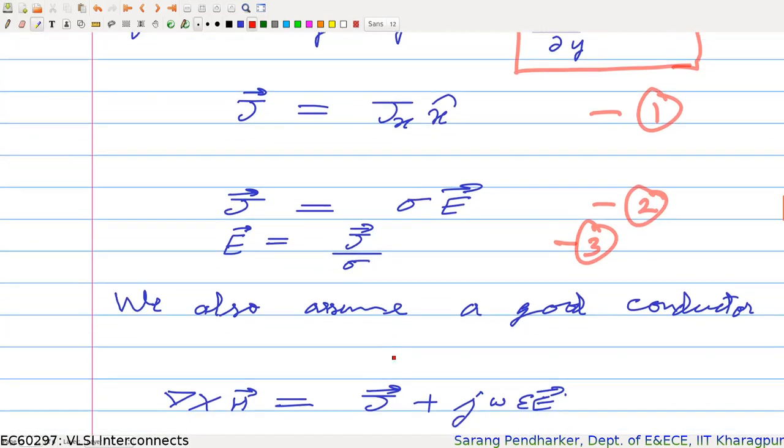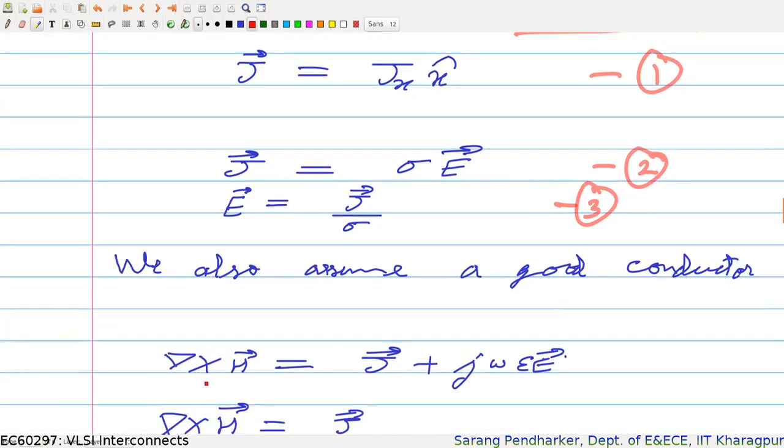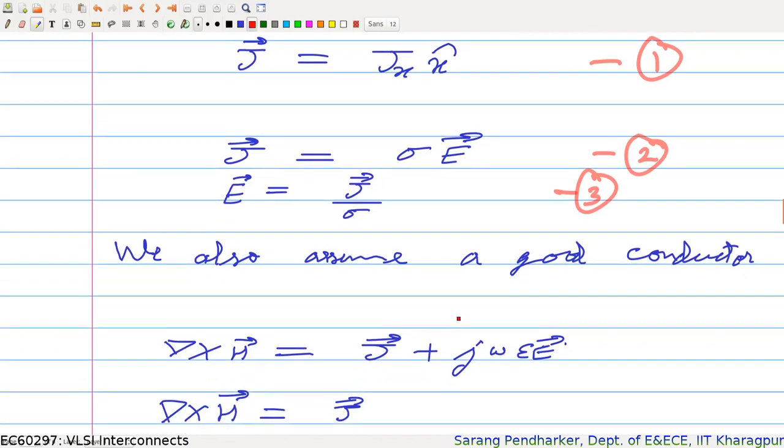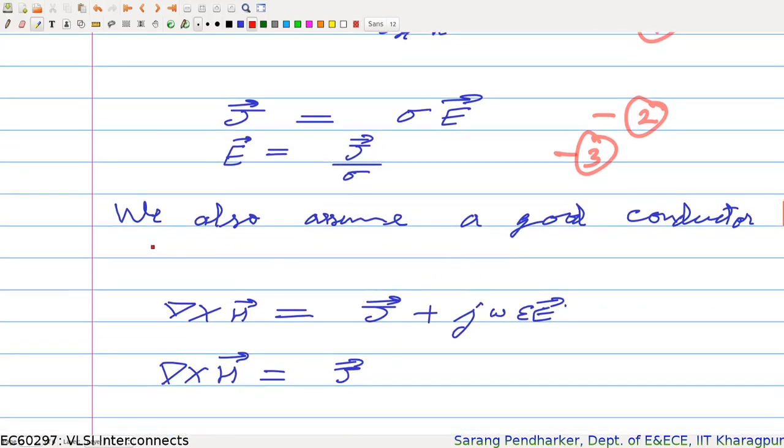We also assume a good conductor. As I said in the previous argument, there would be an additional term of epsilon. We had ignored it there. Why did we ignore it? Because we are assuming a good conductor. What it means is that my conduction current is much greater than my displacement current.